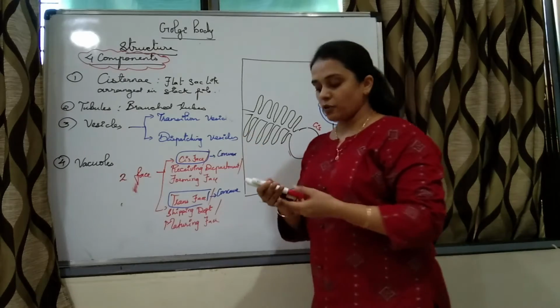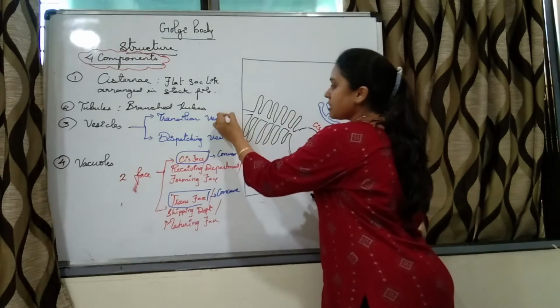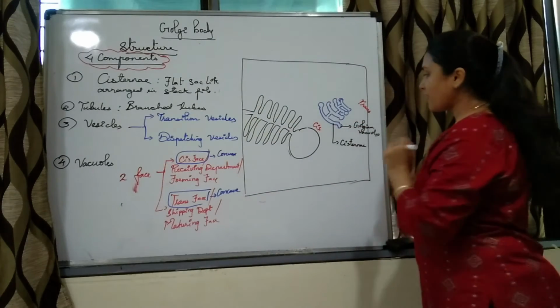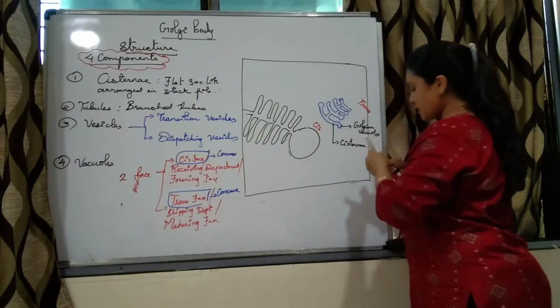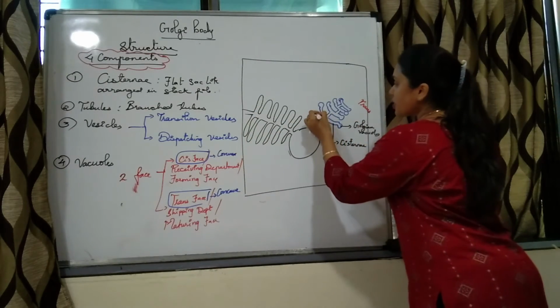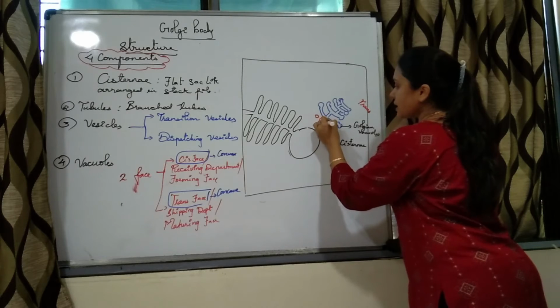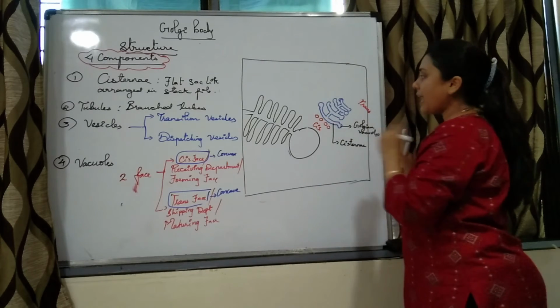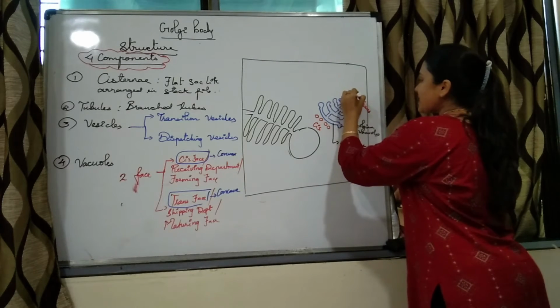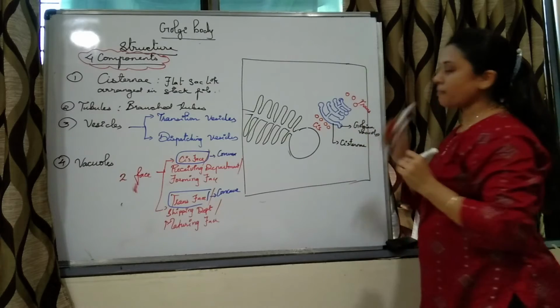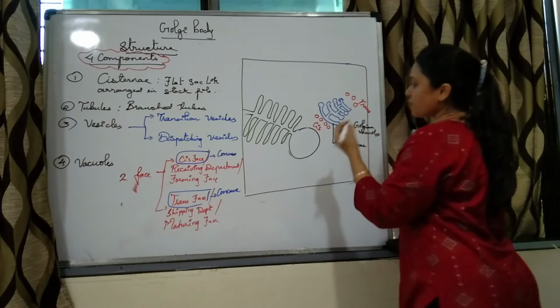Now there are two types of vesicles which are present. Right? Transition vesicles are the small vesicles which are present towards the cis phase. And the dispatching vesicles are the vesicles which are present towards the trans phase. Right?